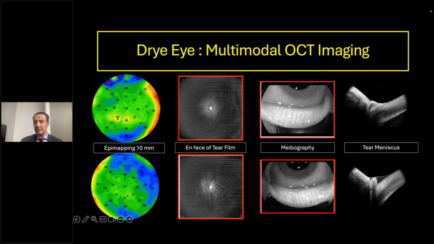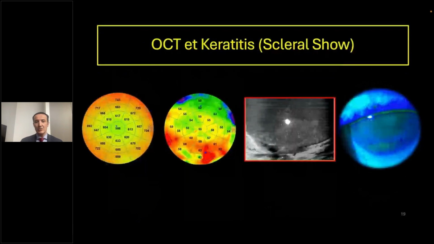And look here, we can see also the sign of the conjunctival chalasis. So we can have different information with a multimodal approach with the Solix platform, with the total pachymetry, epithelium mapping, EMPHAS OCT, and the clinical findings.